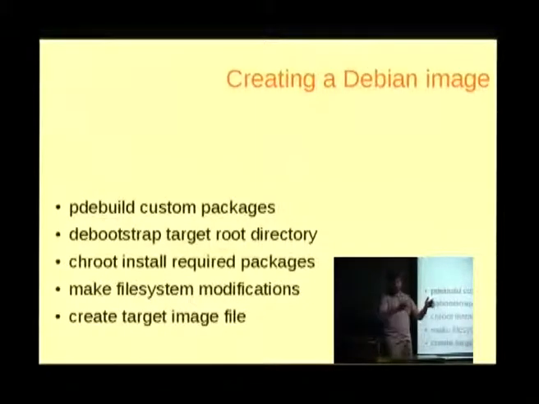So then you have your custom packages, and then the Debian repositories for all the normal binary packages, and then there is a tool, debootstrap, that allows you to make a Debian system in another root environment, a root file system. So you use that, then you chroot into it and apt-get install the required packages. Then finally, if you have some tweaking to do, you make some file system modifications.